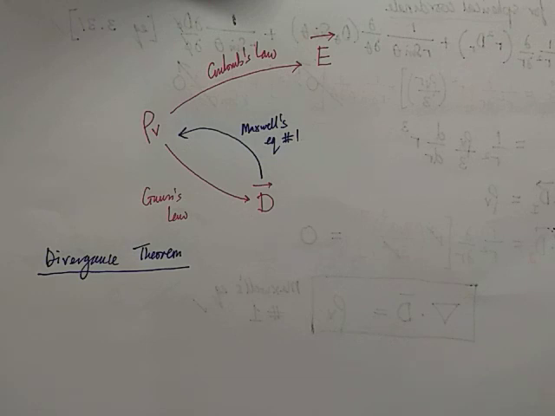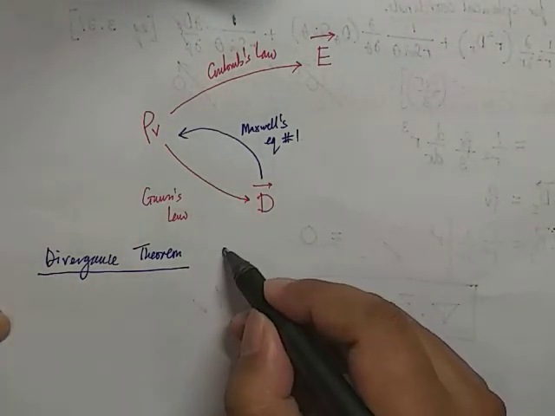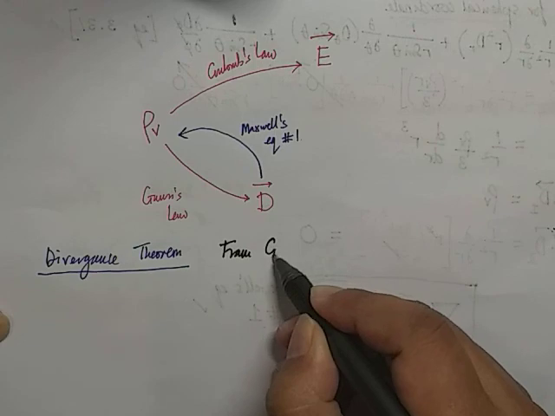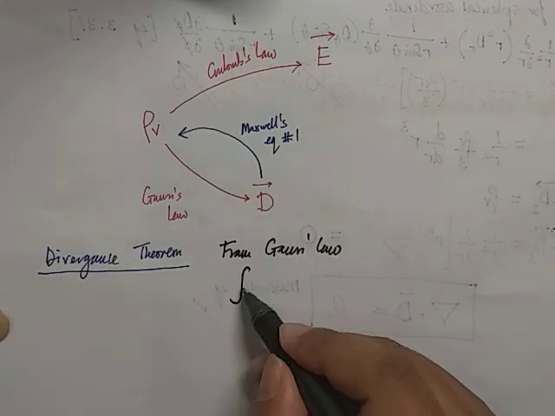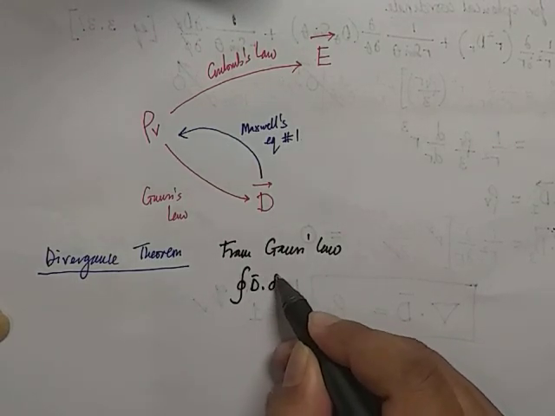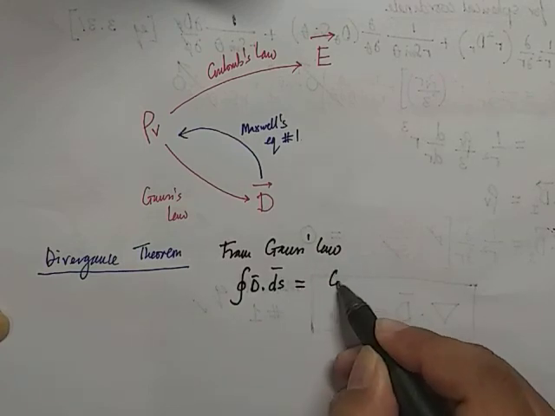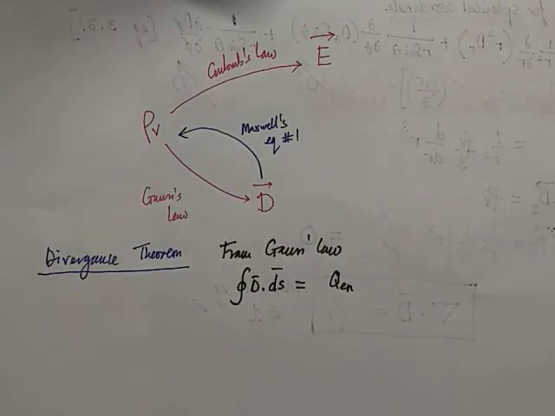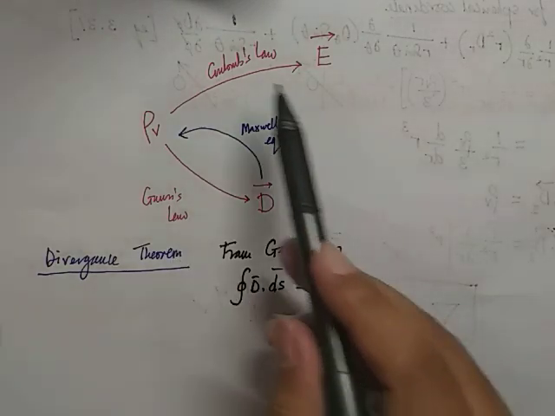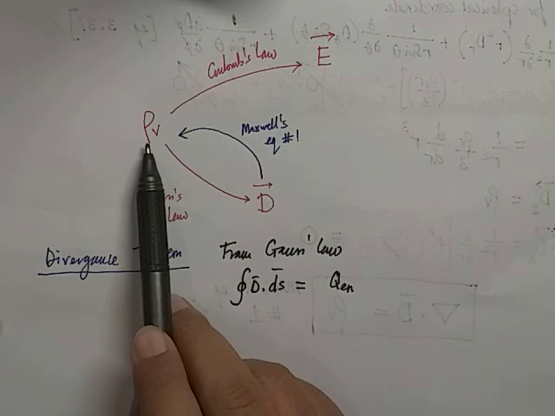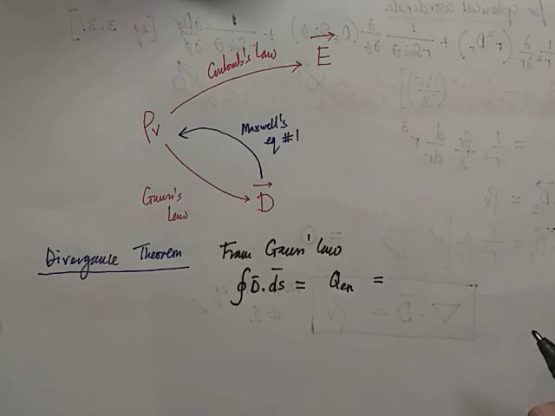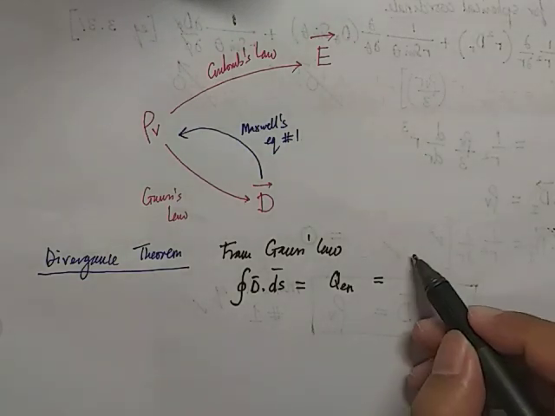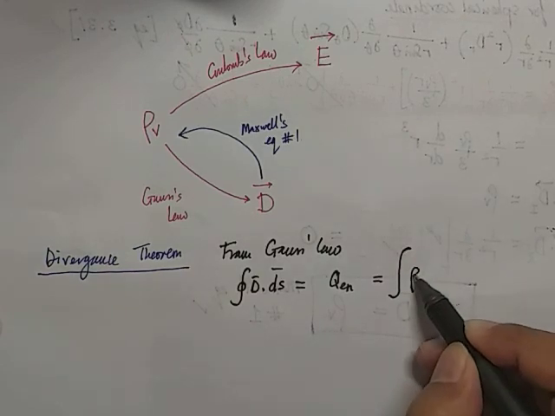Okay, so let's recall Gauss law. We know that the equation can be presented as D dot dS equal to Q enclosed. And based on this simple graphic presentation, when we are dealing with a volume charge, the total charge can be represented by the integral of rho v dv.